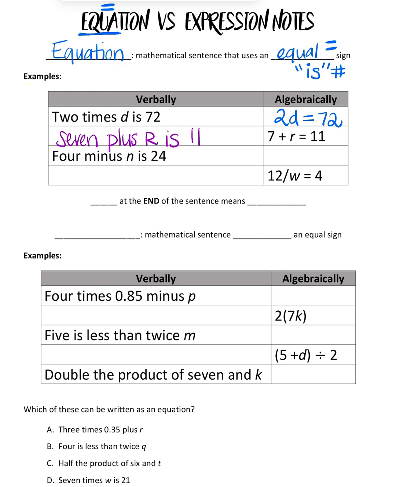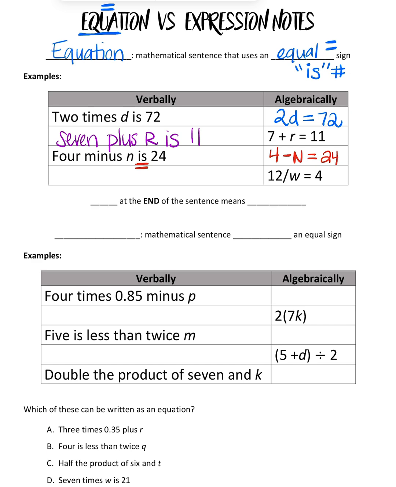All right. Our next example says 4 minus n is 24. So 4 minus n, and again, there's our is equals. So 4 minus n is 24. And remember, that is what makes it an equation, because that is turns into an equal sign.